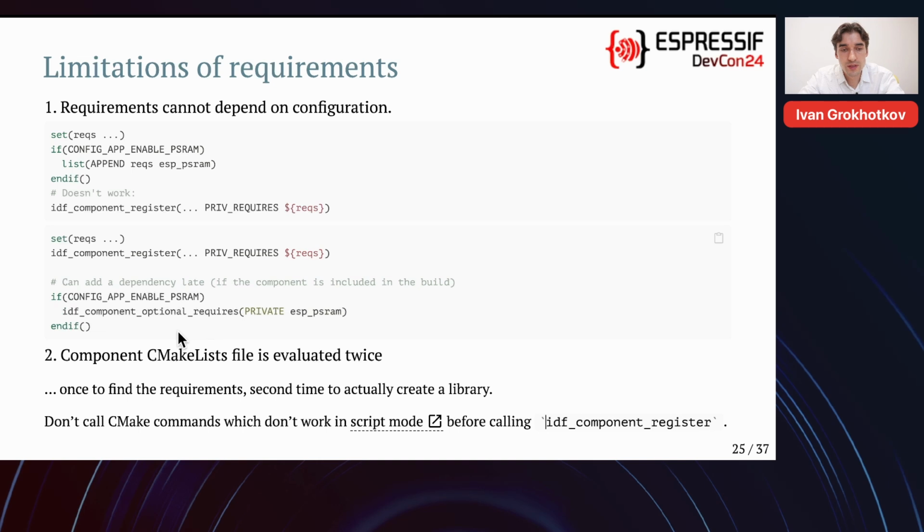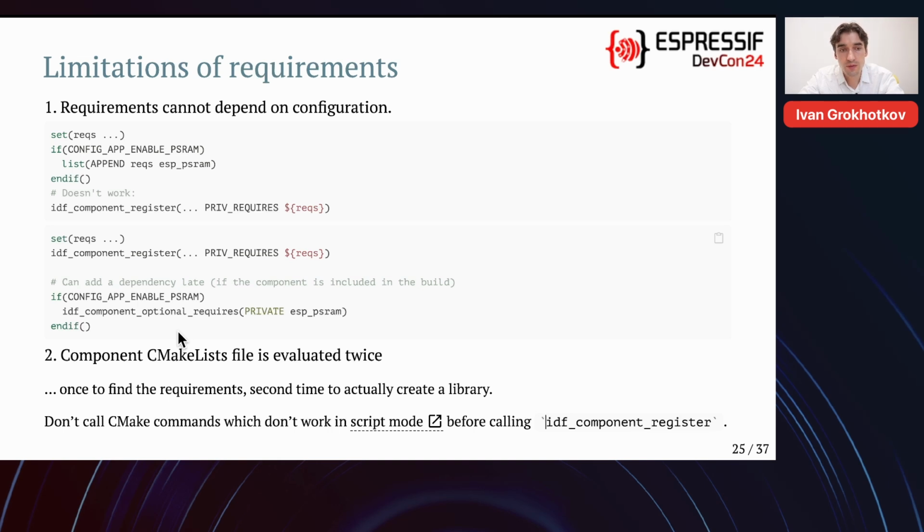And the reason for this is the process of CMake list file evaluation in ESP-IDF, where actually every component CMake list file is evaluated twice. The first time every CMake list file is evaluated to find the dependencies between components, to scan for requirements, and the second time it is actually added to the build using CMake add subdirectory command.